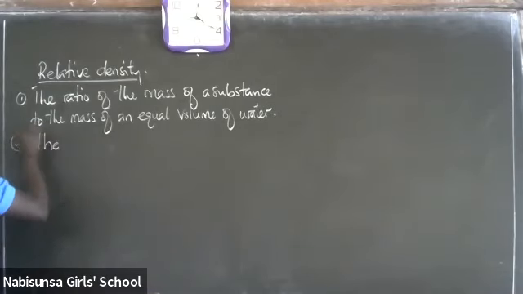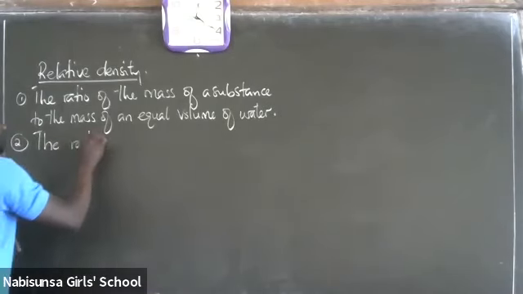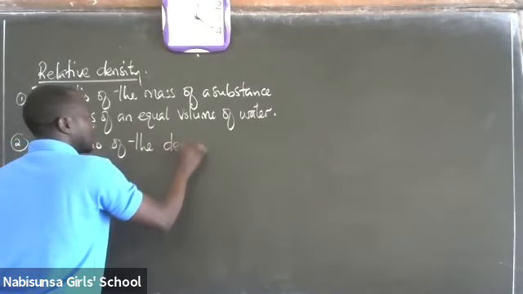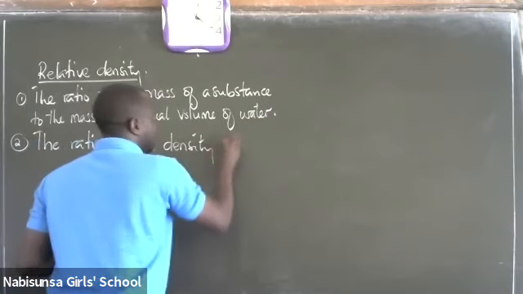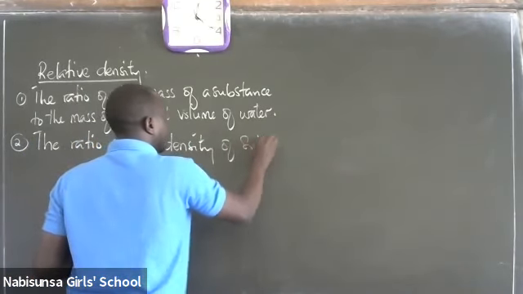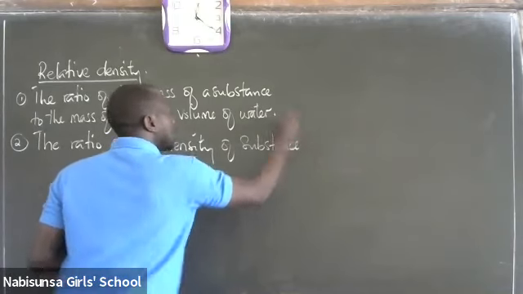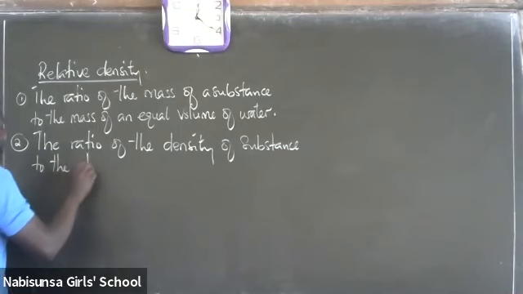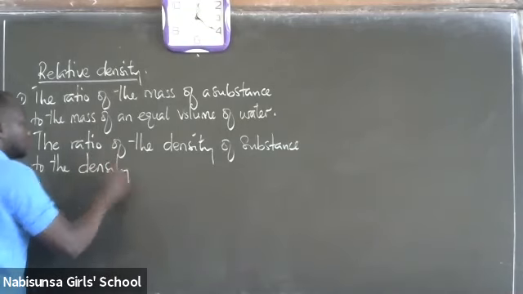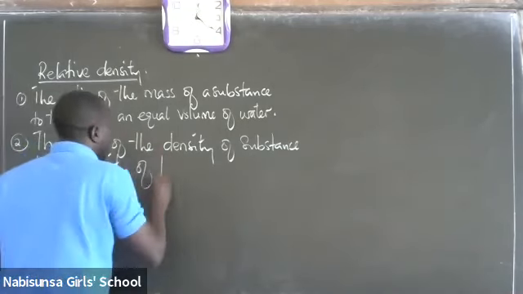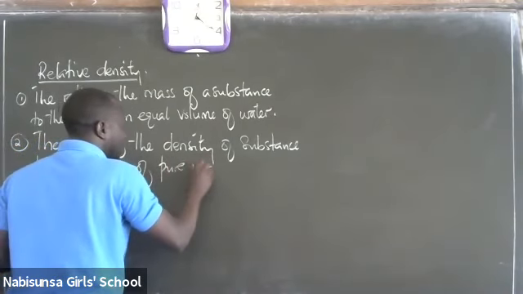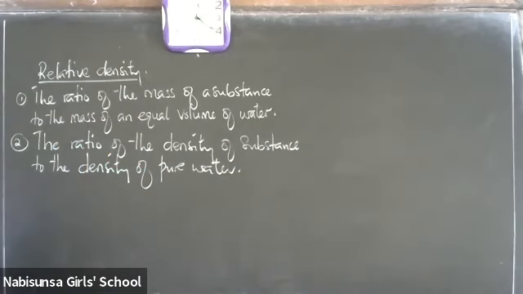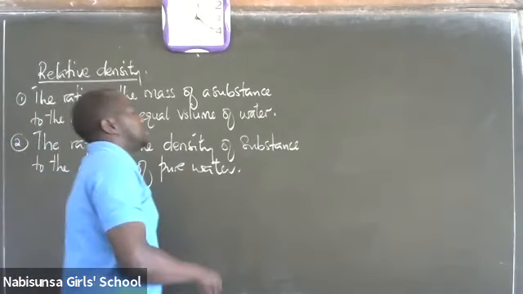This is the ratio of the density of a substance to the density of your water. That's very good. What does this one mean?